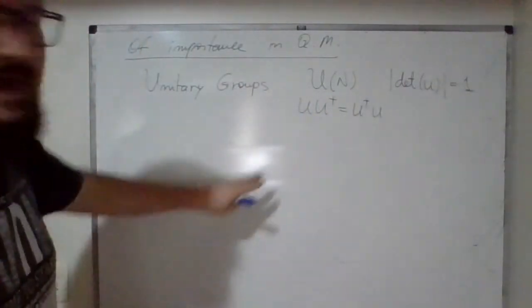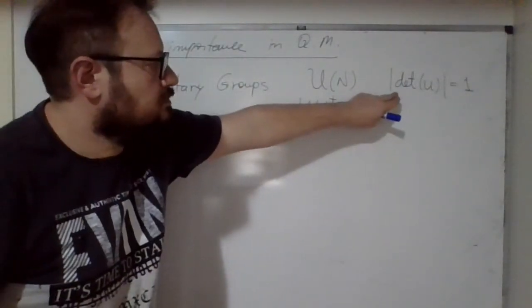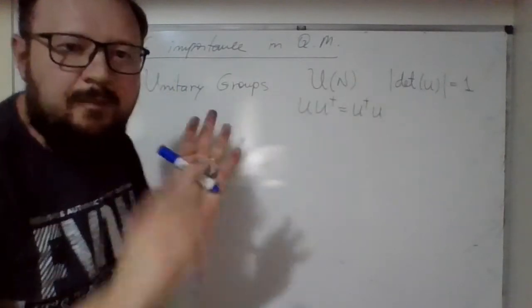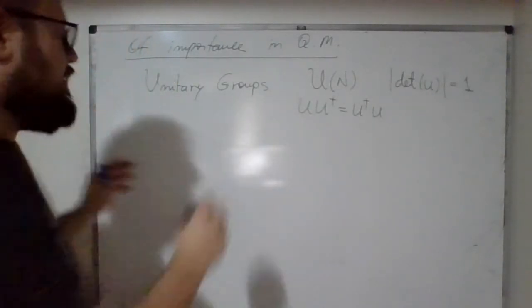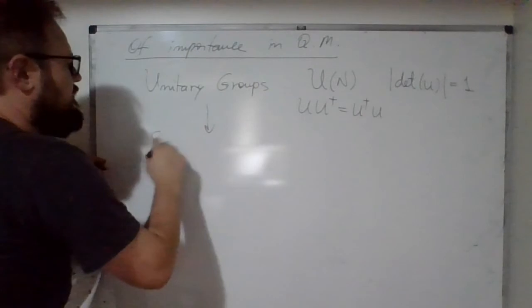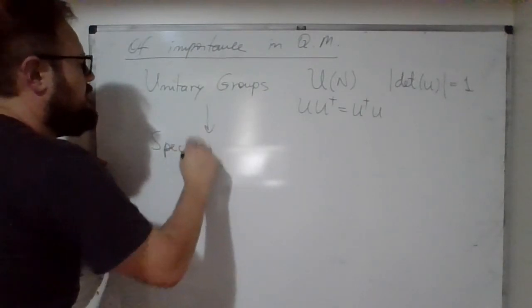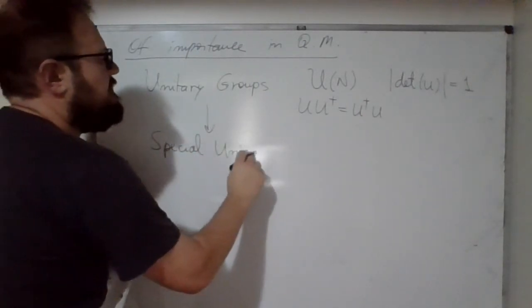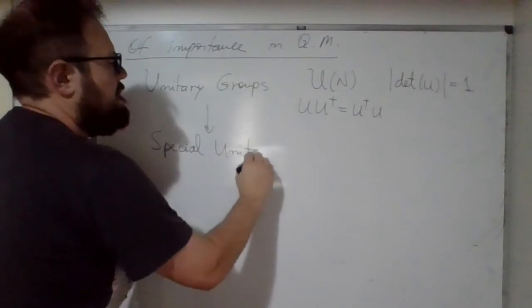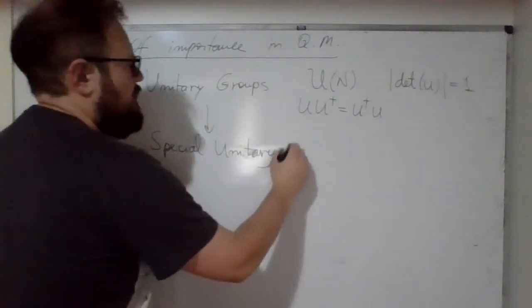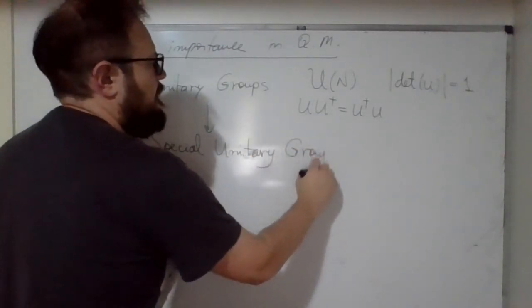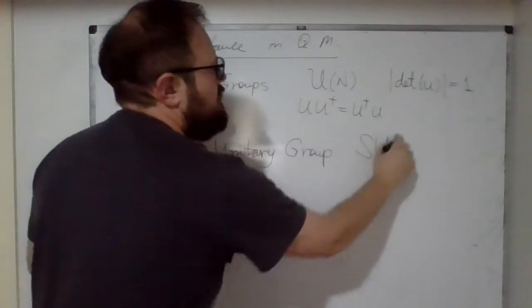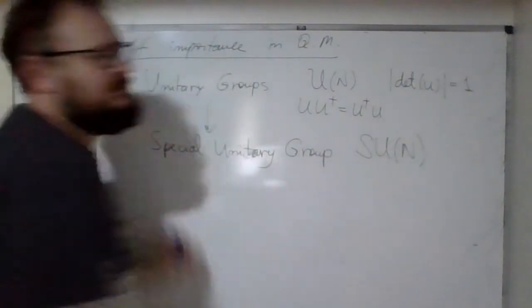All right? If you pick some part of the group, a subgroup, you'll find the special unitary group, the SU with dimension n. All right?